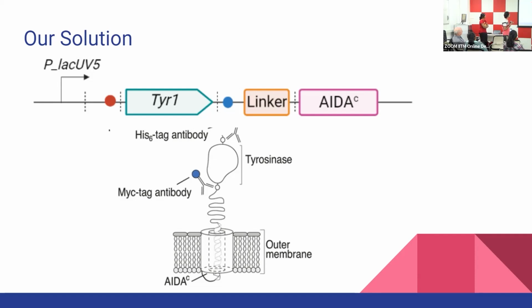Then we're going to be taking Myc and His tags on either side of the tyrosinase gene, and we're going to be linking this to the ADA1, which as we mentioned before, is the autotransporter. So essentially, what happens is ADA takes it straight to the outer membrane, where this linker is attaching itself with the Myc antibody and the tyrosinase and the His tag as well.